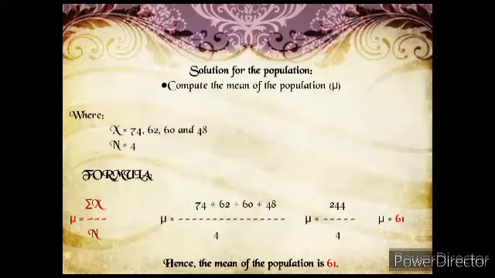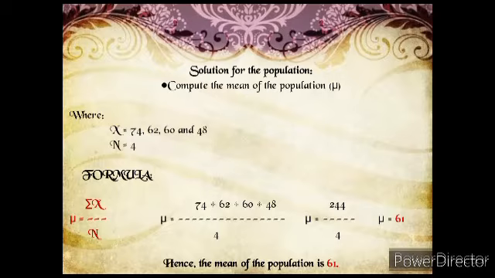So, our goal is to find the mean and the variance of the population and the sampling distribution of the sample means. Solution for the population. Let's first compute the mean of the population, where x is equal to 74, 62, 60, and 48, while the population size is equal to 4.